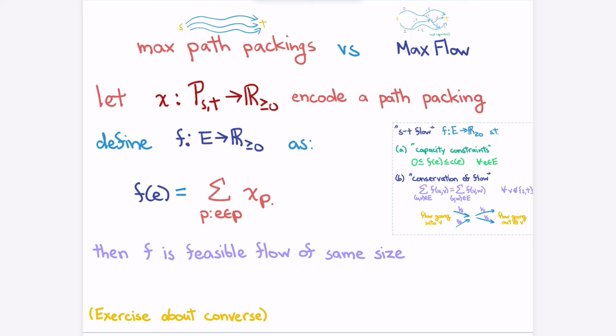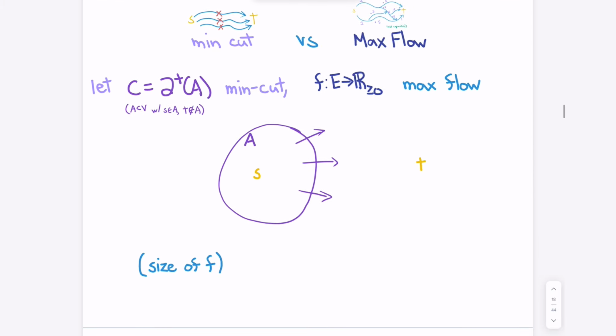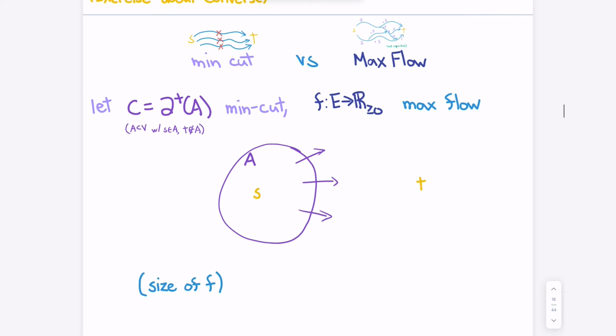So that shows that the max path packing is always less than or equal to the max flow. And an exercise, which may or may not appear on a homework, says, oh, if you have a flow, can you extract the path packing? The answer is actually yes, and you can do it fairly quickly, but that's for later. Okay, so if I put these things together, oh, okay, sorry.